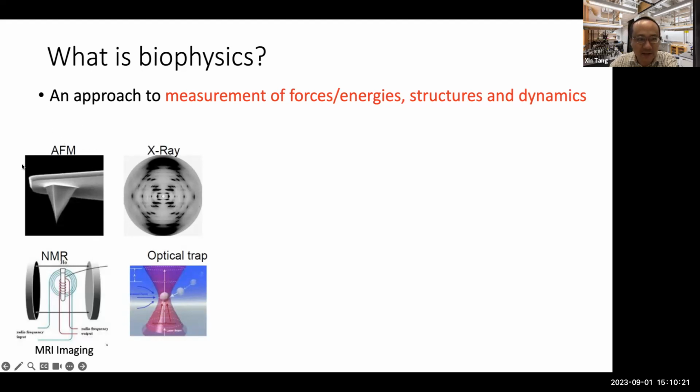First one is called AFM. This actually stands for atomic force microscope. This device is actually really small. This is a picture taken by the scanning electron microscope, SEM. Okay, so it's not using the optical microscope; it's an electron microscope.